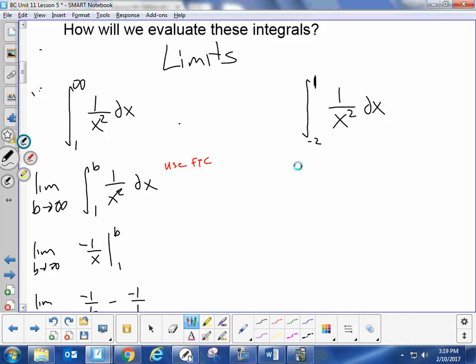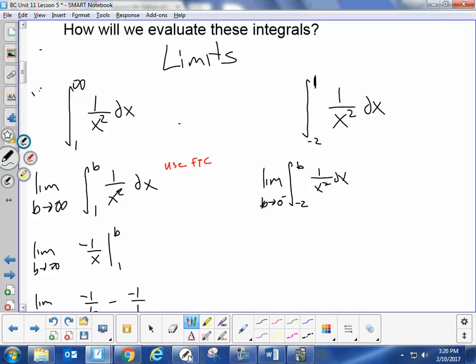I will need to express this as a limit from -2 to b, but we will approach our vertical asymptote from the left side of the 1 over x squared.